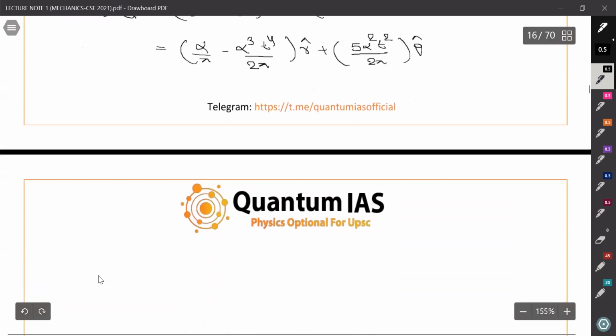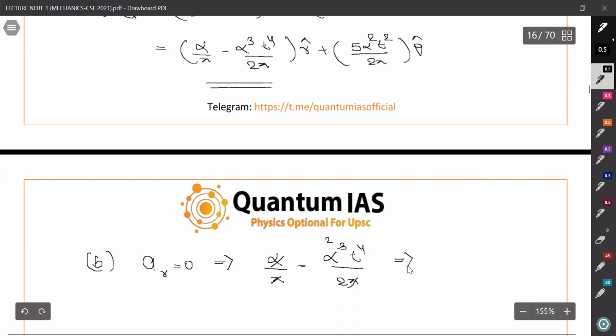Next part, what we need to do is to place AR equals to 0. And what is AR here? We can write it as alpha. This is the AR value. See, if we put the value, it will become alpha cube t^4 upon 2 pi. This becomes square.